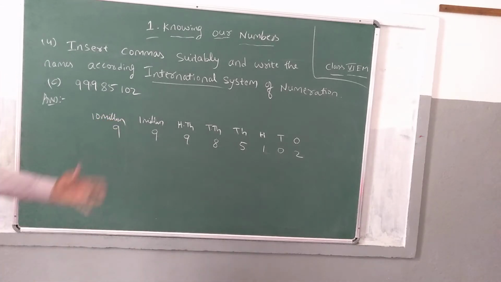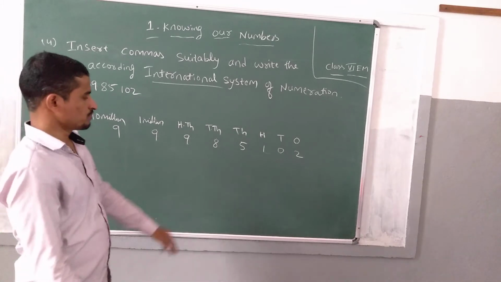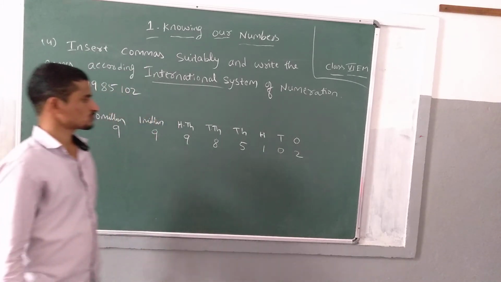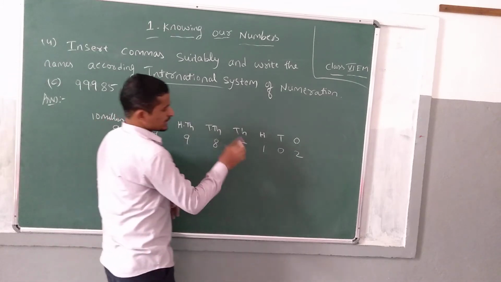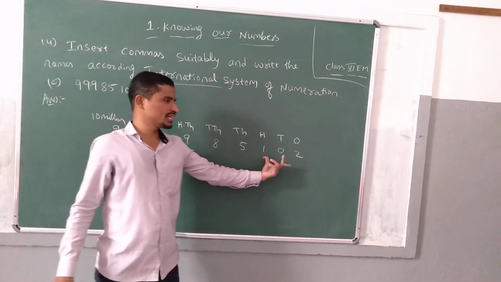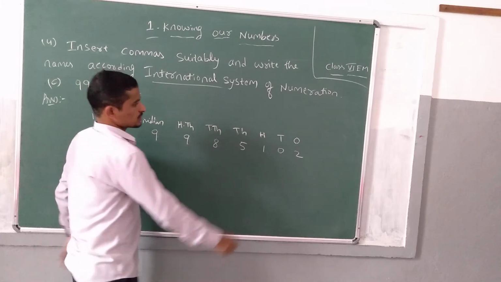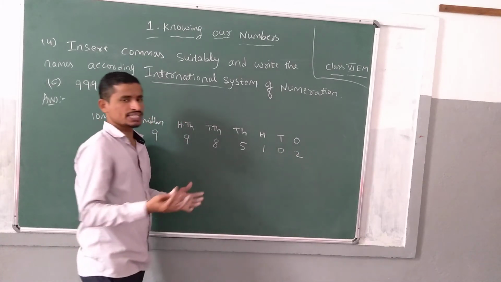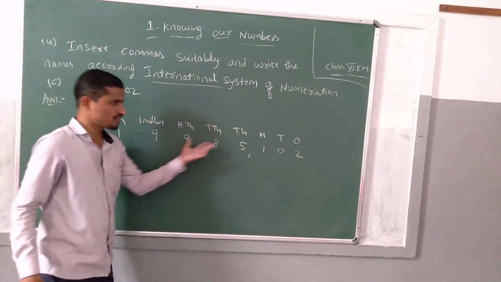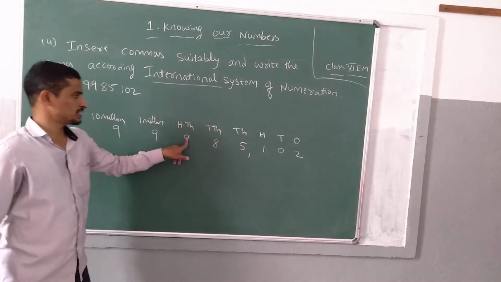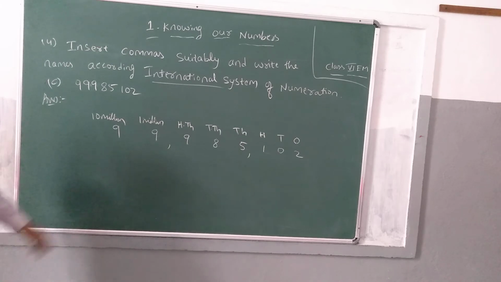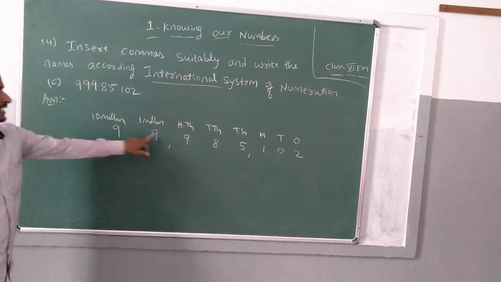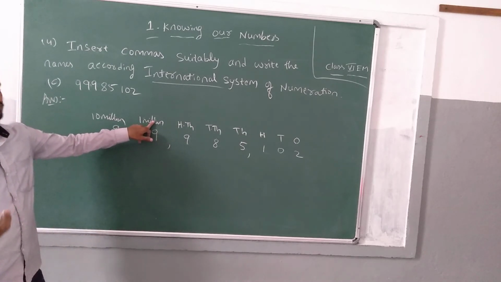This is the international system of numeration. So put the commas according to the international system. For every 3 digits you have to put the comma. 1, 2, 3, put the comma. Next 1, 2, 3, put the comma. So this happens to be 99 million. Very simple.